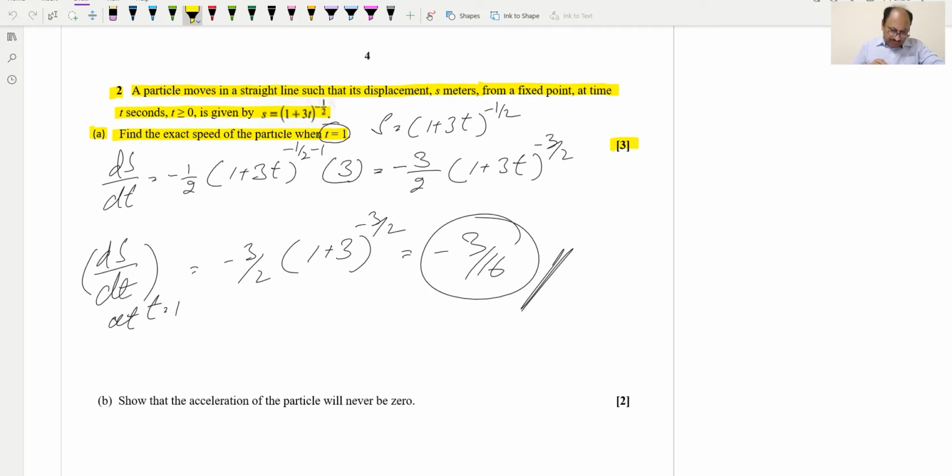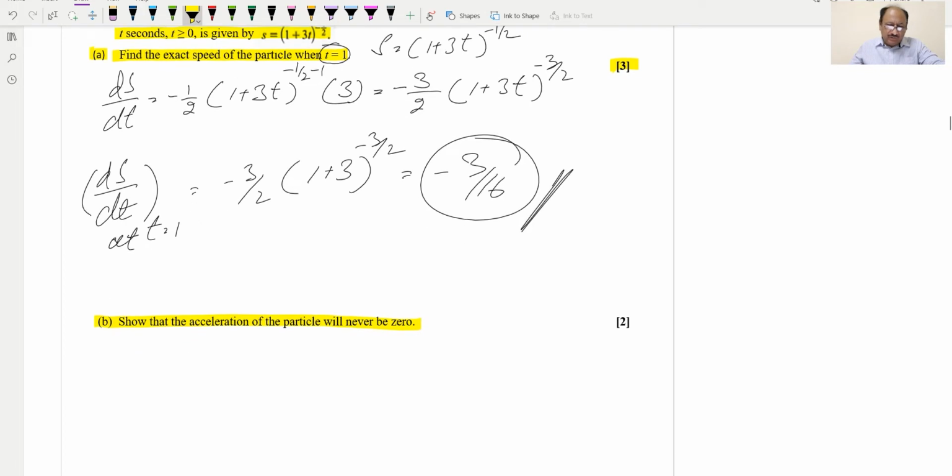Now part b says show that the acceleration of the particle will never be zero. Acceleration, we know, is the second order derivative, so we will write d²s/dt². We will take the second order derivative, and we have the first derivative, so we'll use this equation and differentiate it again.